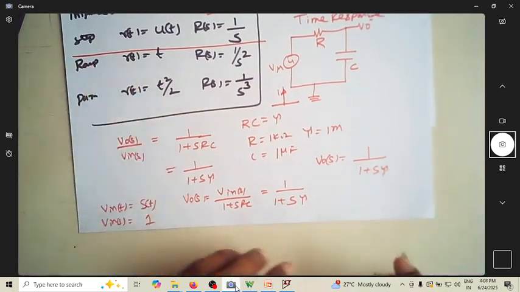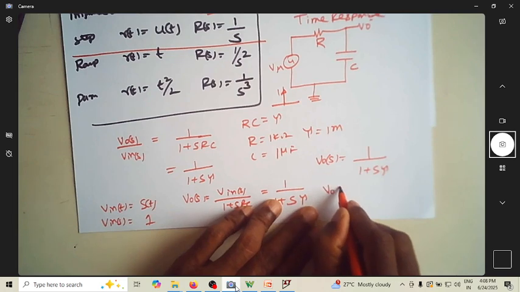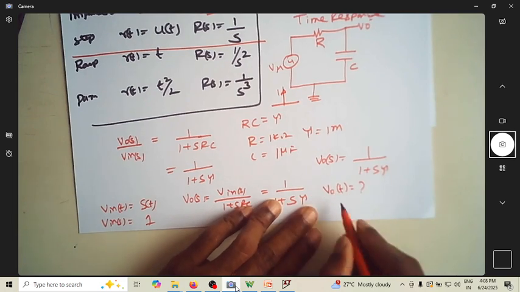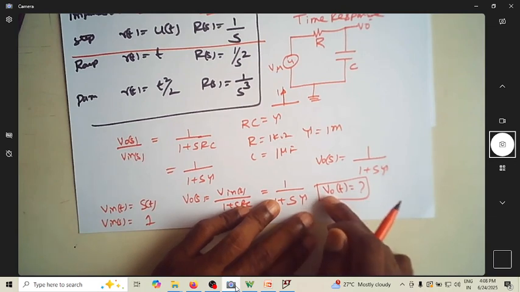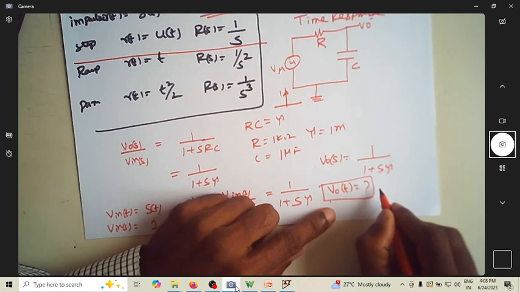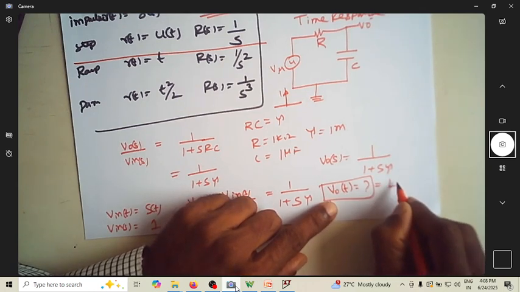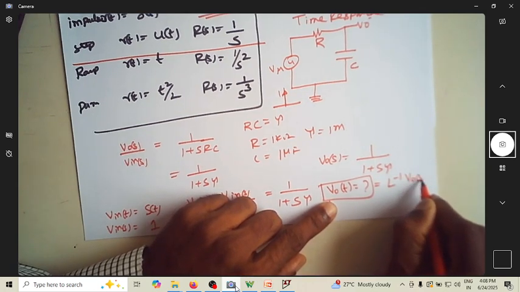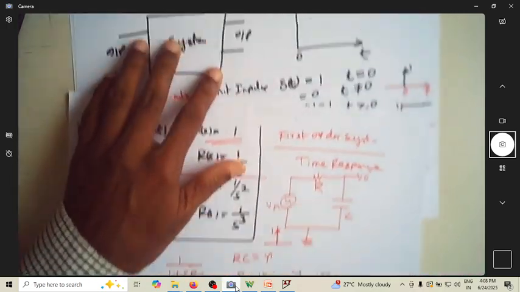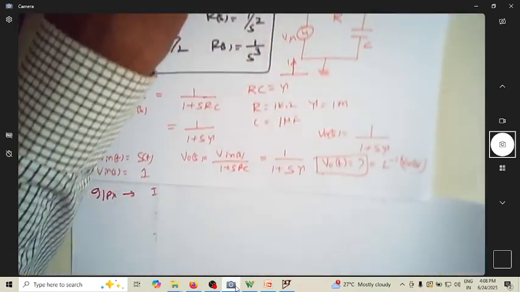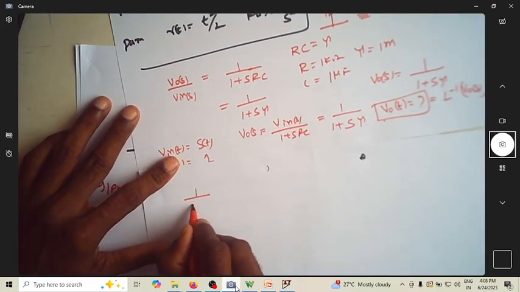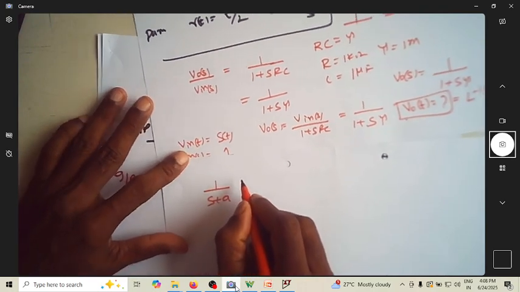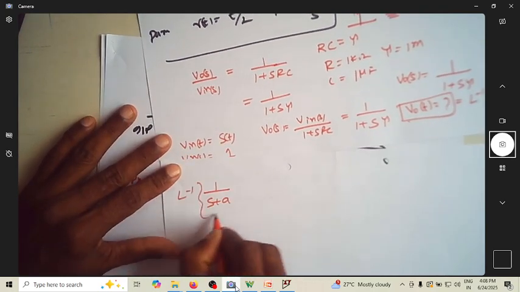Now what we are looking at is V naught(t). How do you get V naught(t)? V naught(t) can be obtained by taking the Laplace inverse of V naught(s). We know some standard Laplace inverse forms: what is the Laplace inverse of 1 over s plus a?